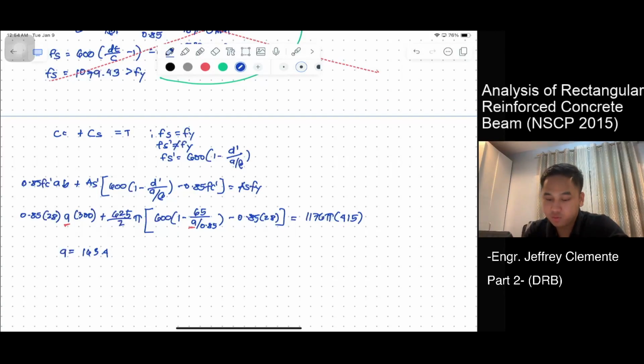Pag dinivide natin yung 163.4 divided by 0.85, therefore, C is equal to A over beta, it was 192.24.